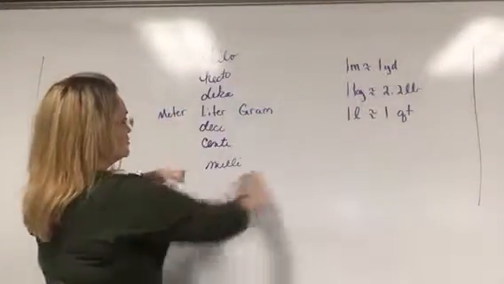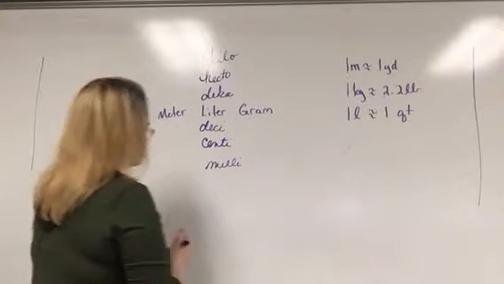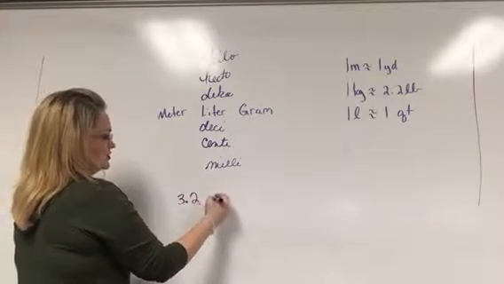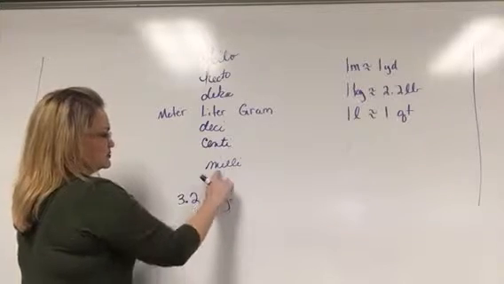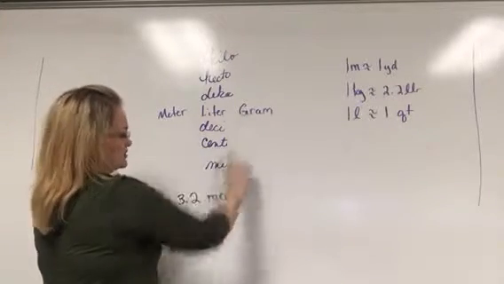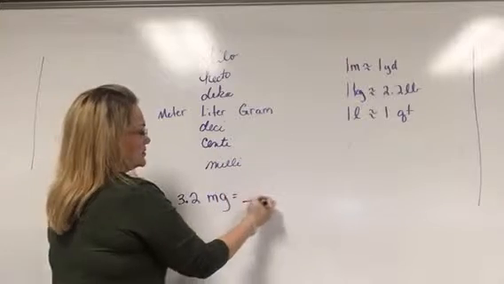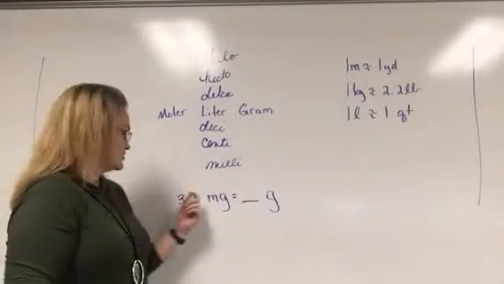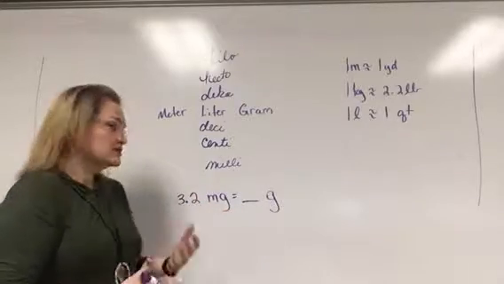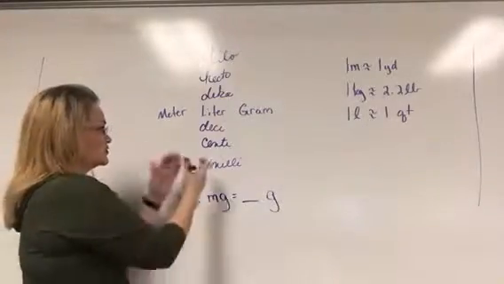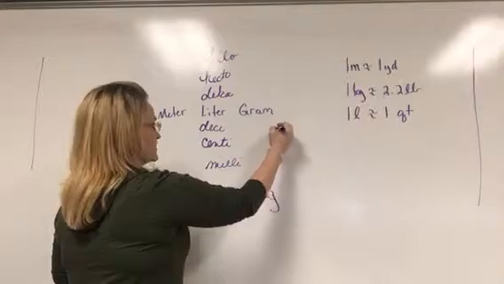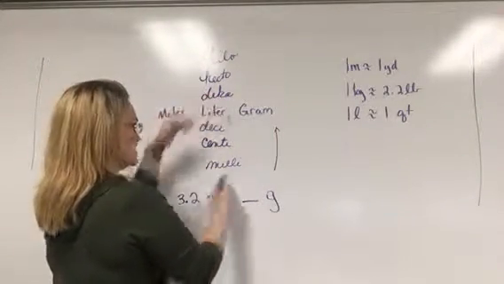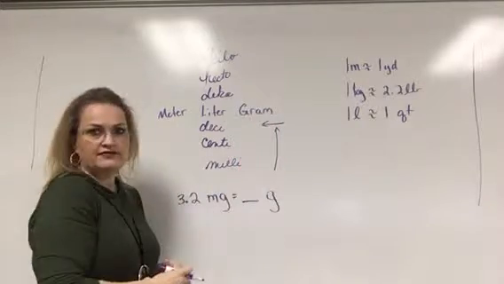All right, so to convert between this scale, say we're going from 3.2 mg, which would be a milli with the base unit gram, a milligram, and we want to convert that into regular grams. How many grams is 3.2 milligrams? And here's how I do it. As we're going up the scale, anytime you're going from a smaller unit to a larger unit, up the scale, I move my decimal to the left.